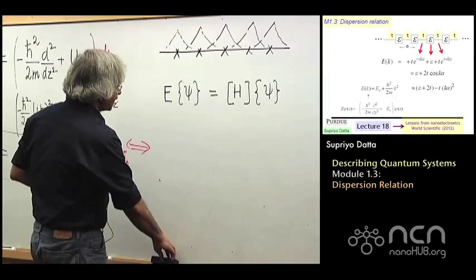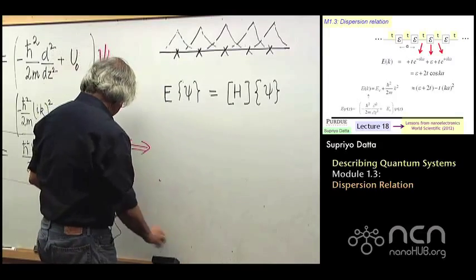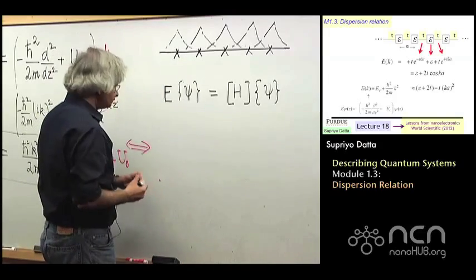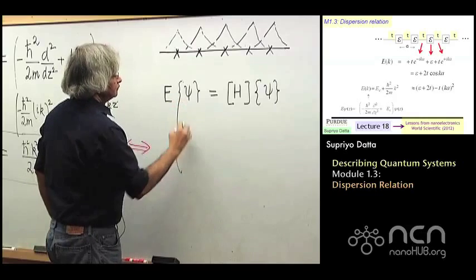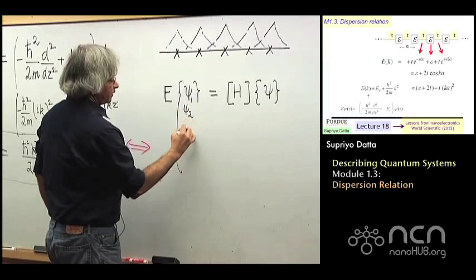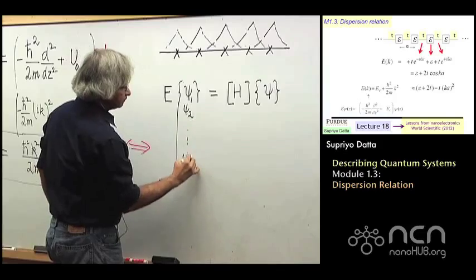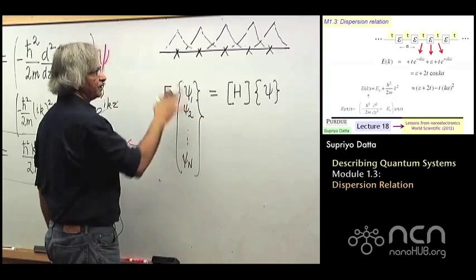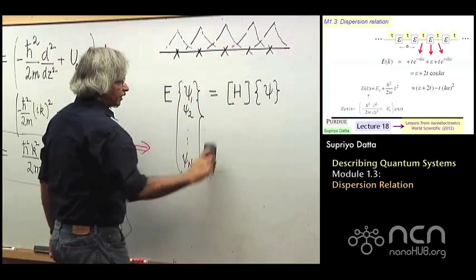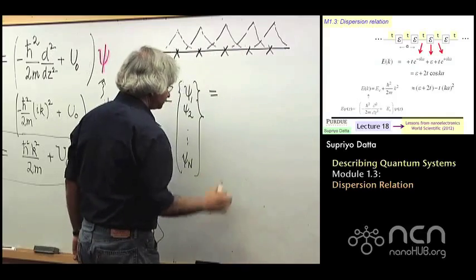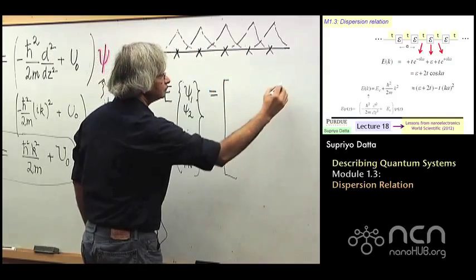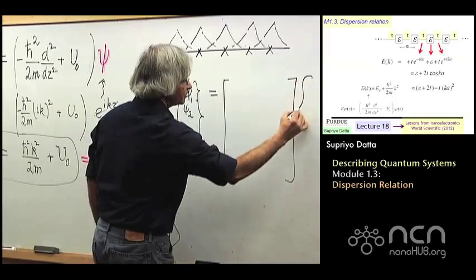Okay. So now if I write this out, the full thing, psi1, psi2, up to psi n. So lots of them, like n of these points. And then if I write the H here, that's the matrix, and then you have the psi again.